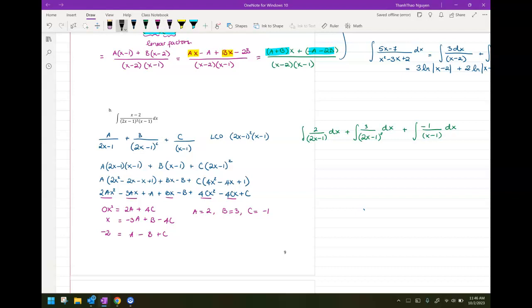Note that the term in the middle, the integral of 3 over 2x minus 1 squared dx, we solve by u substitution.